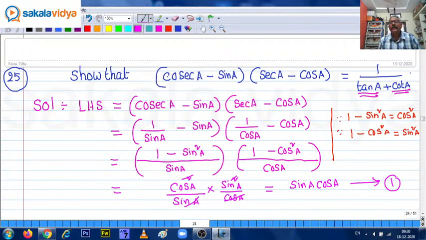Now take the RHS part. This RHS also we need to prove equals sin A cos A. Then we say that LHS is equal to RHS. Hence it is proved.